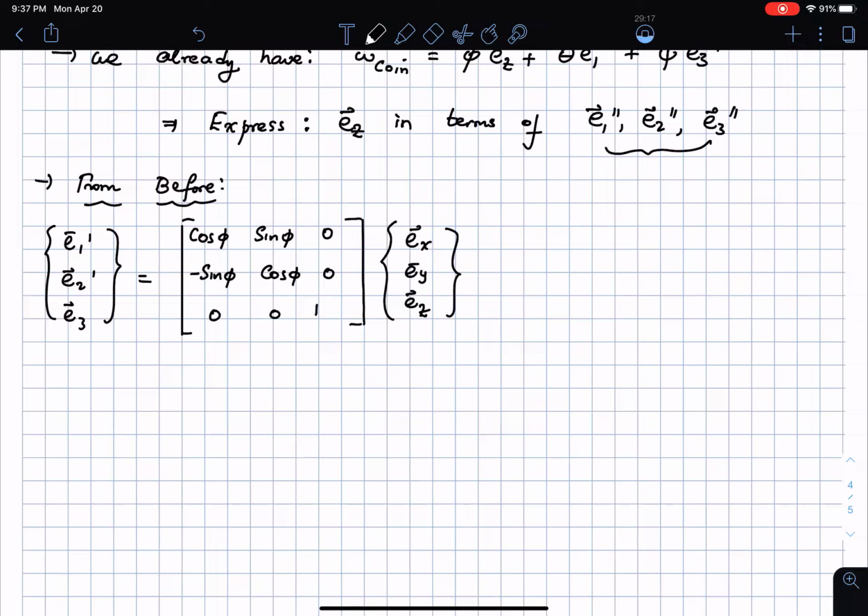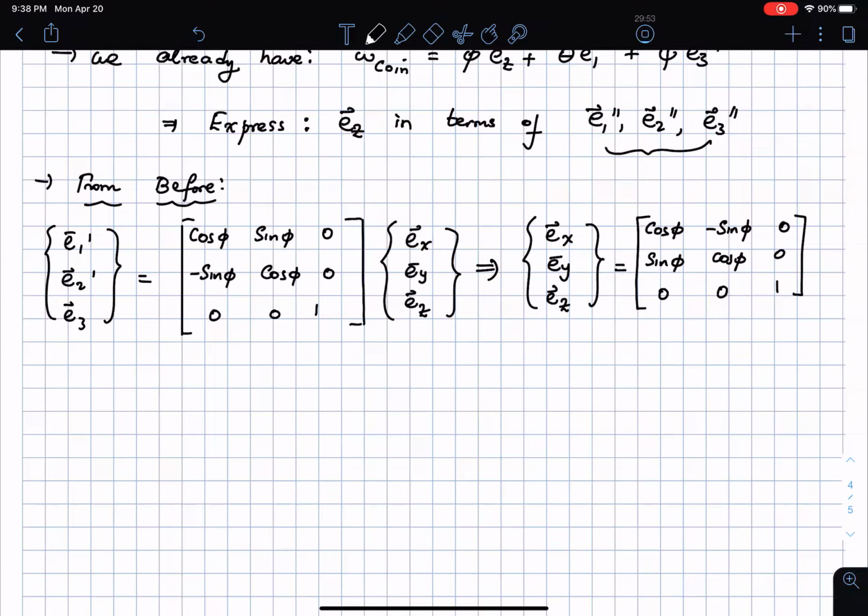So this automatically implies that Ex, Ey, Ez is going to be the transpose of the rotation matrix that we have. This is going to be cos phi, sine phi, 0; minus sine phi, cos phi, 0; 0, 0, 1; times e1 prime, e2 prime, e3 prime.